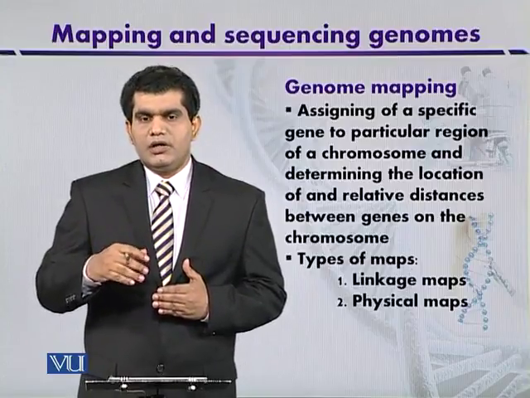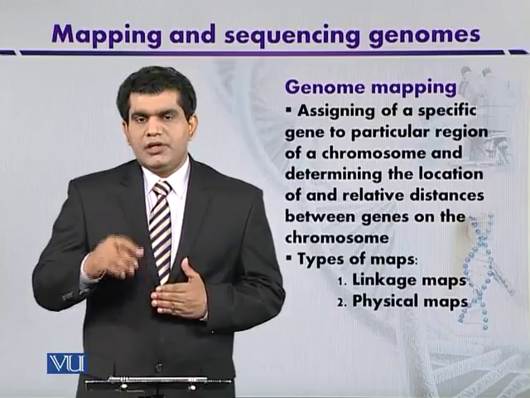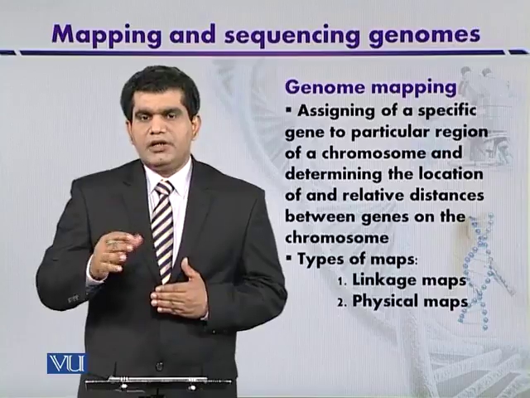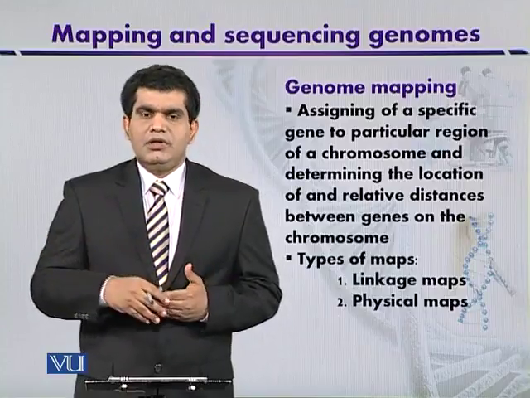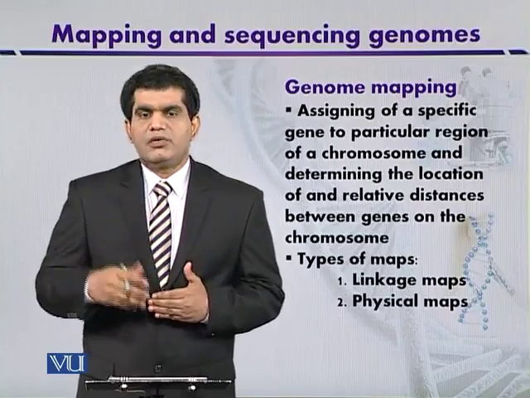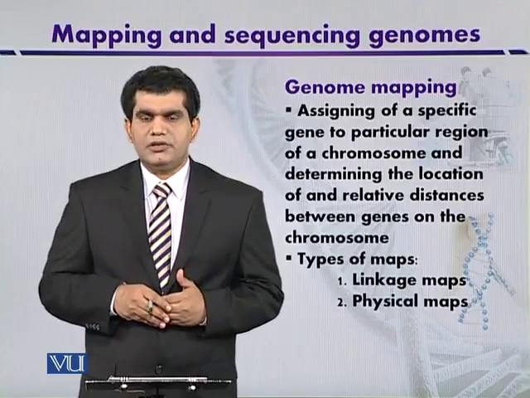So one can say that कि जो genome sequence होता है ये एक detailed genome map होता है. So in this way they may be very closely related to each other.